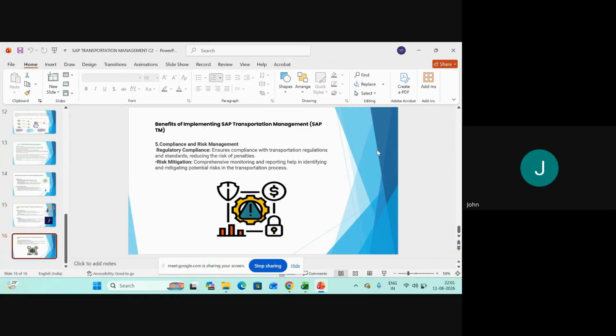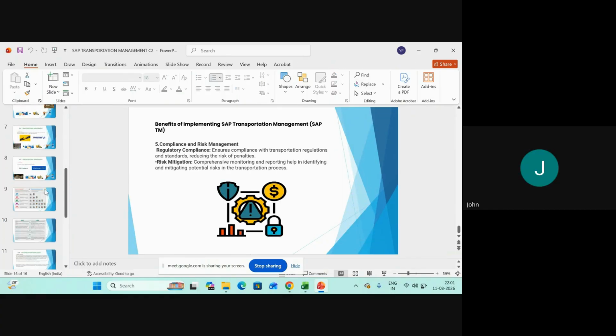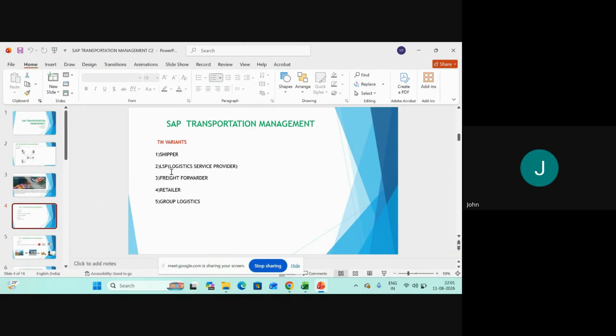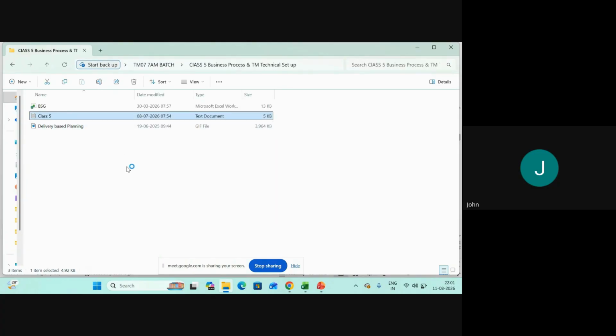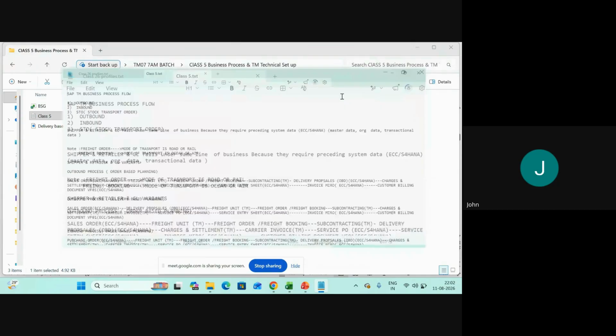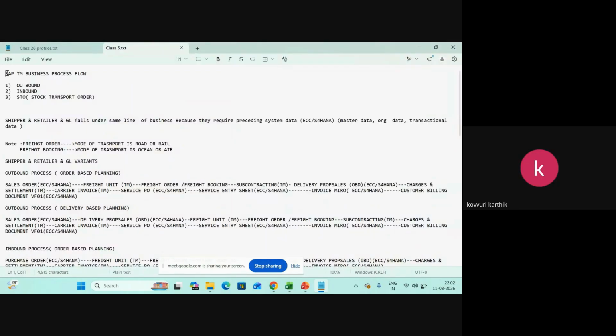So this is about the variants, and we are going to cover these variants. Next, the business processes we are going to cover, except the STO process: outbound and inbound, for shipper and retailer variants.